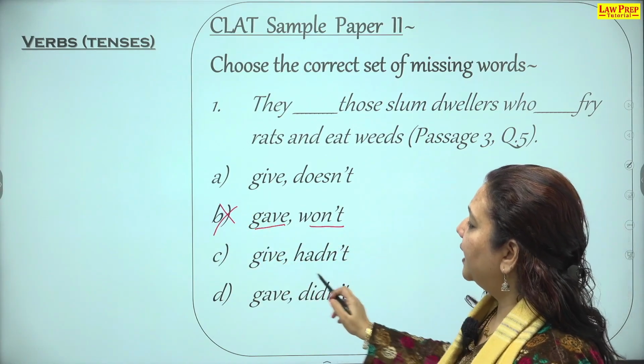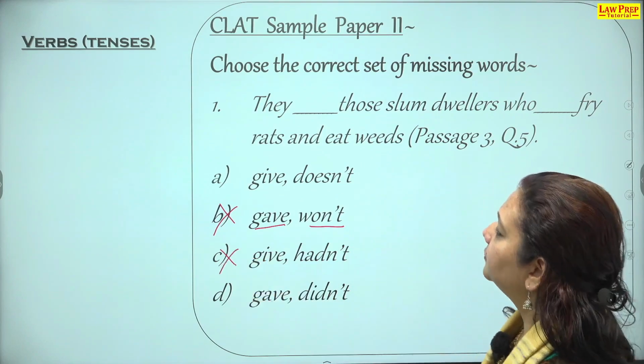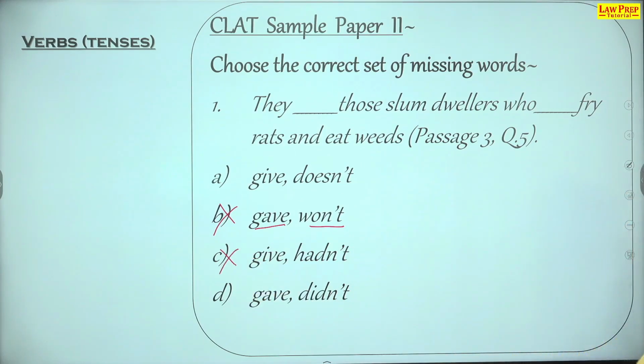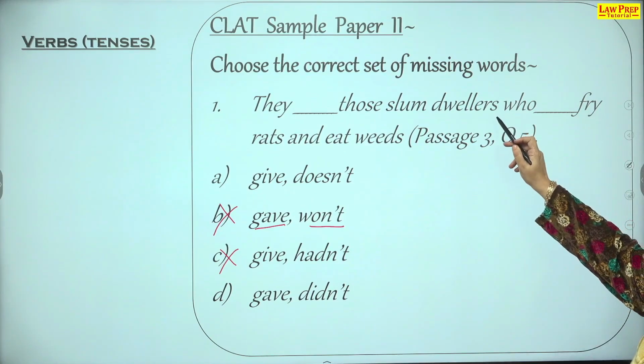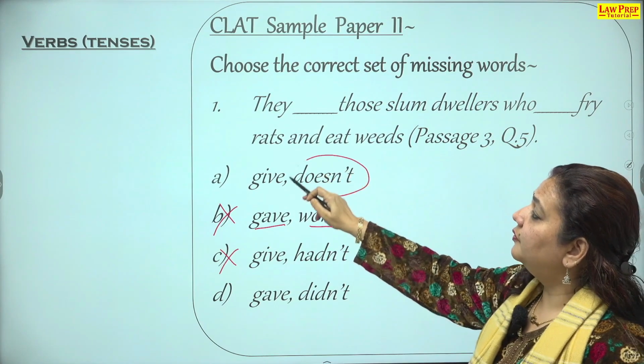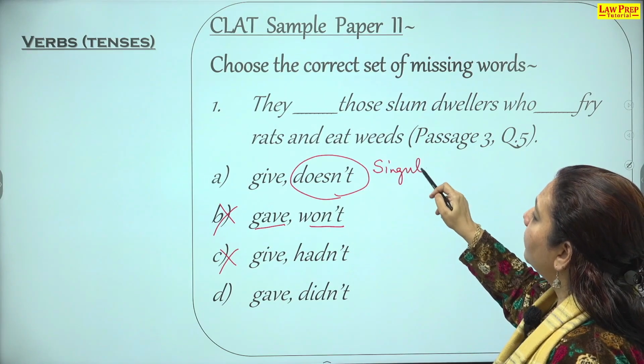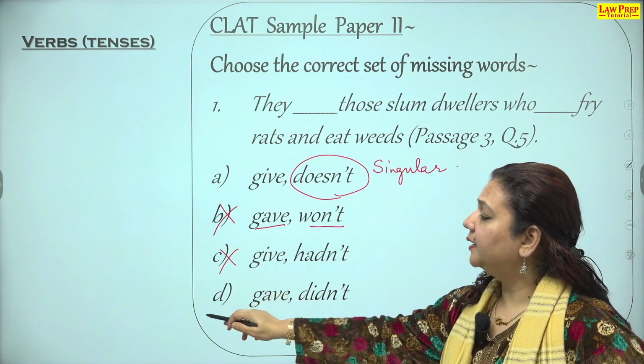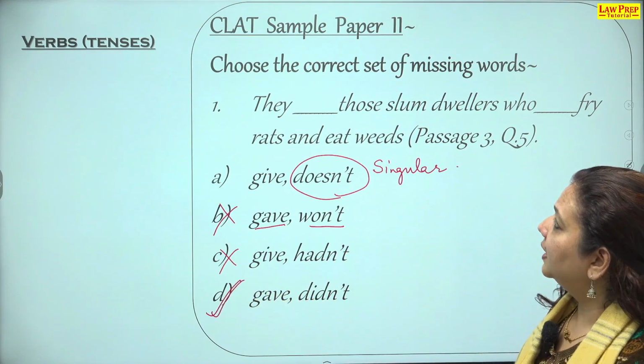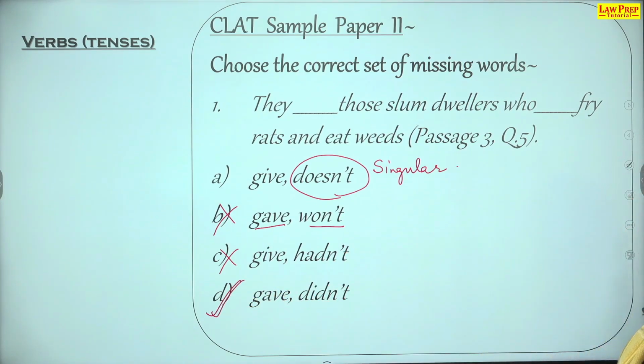And "give" and "hadn't" can't be used. I have applied a simple manner of present and past here. Now, this is plural and "doesn't" cannot be used for plural; this is singular. So the correct answer is "gave" and "didn't".